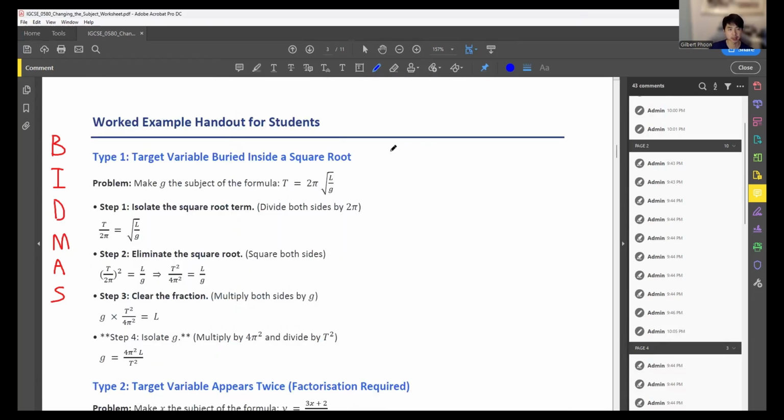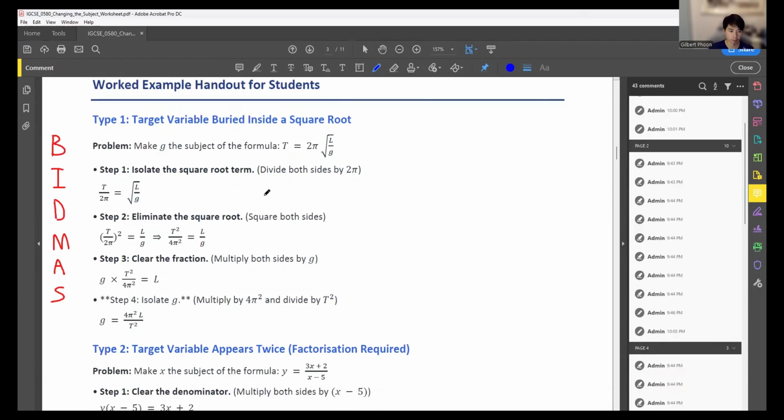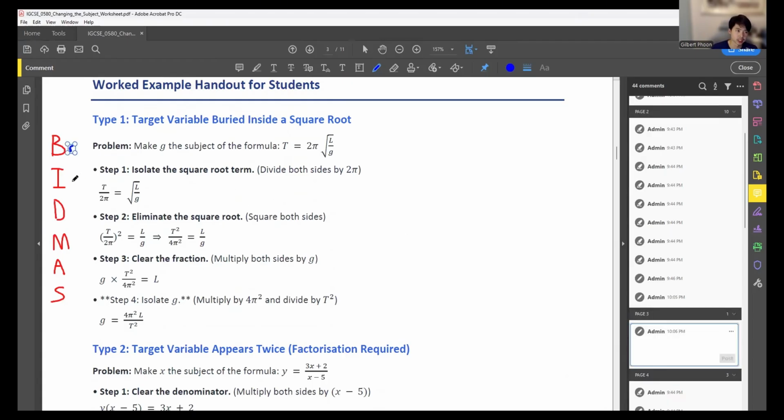All right, next part here, you also have a set of example questions that I've given you. Now, at this part, I would like to talk about how we're going to unpeel an equation and go in the reverse order of BIDMAS. In normal equations, you will always follow brackets first, then indices, then division, then multiplication, then addition, then subtraction, in that order.